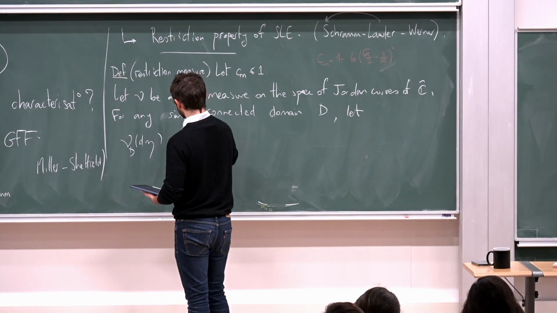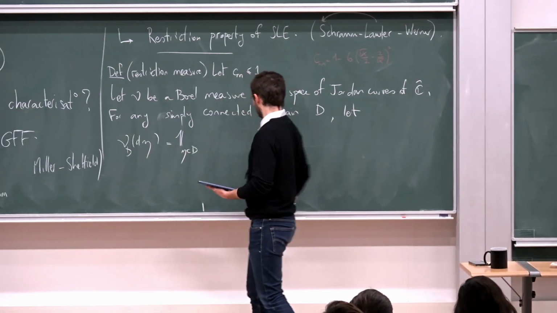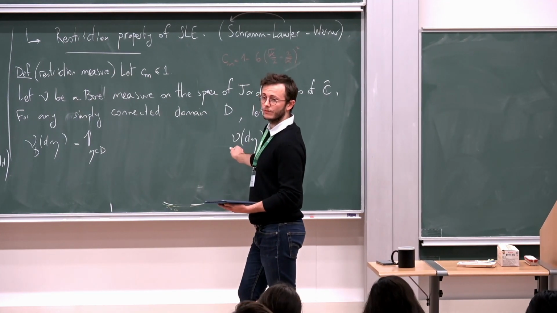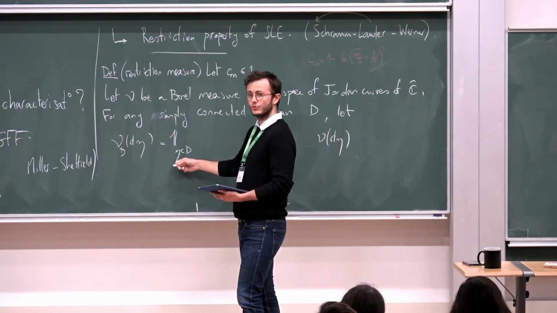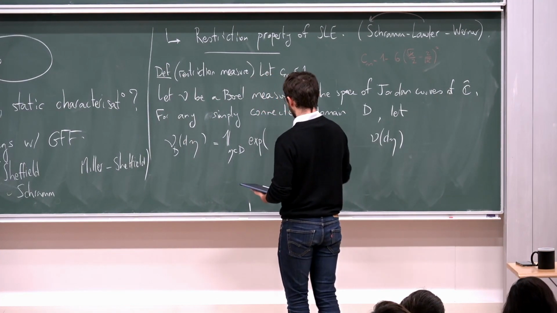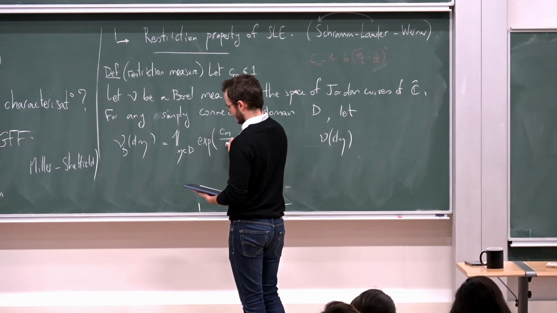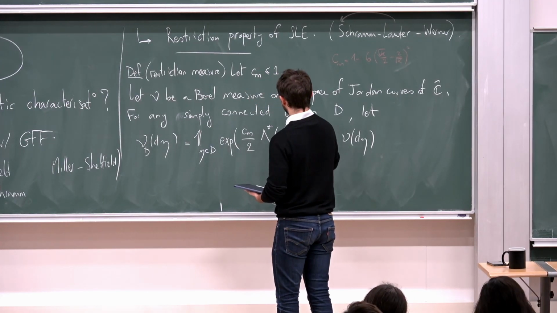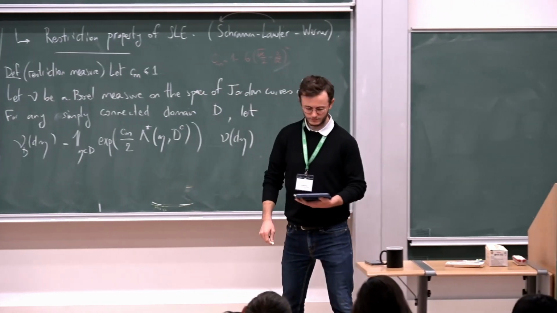So I have the restriction that I want my curve to stay in D. A priori the curve can live anywhere in the sphere, and I'm just restricting it to D. And now I reweight it by something, which is exp of Cm over 2, lambda star of eta, the complementary of D.